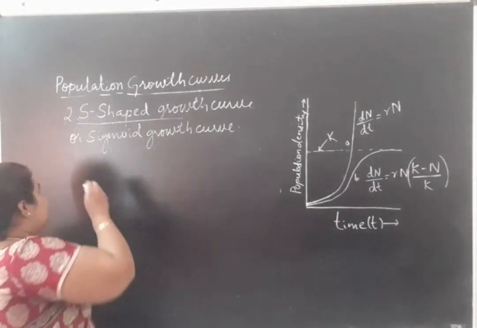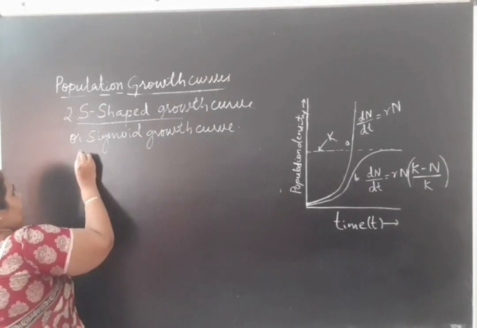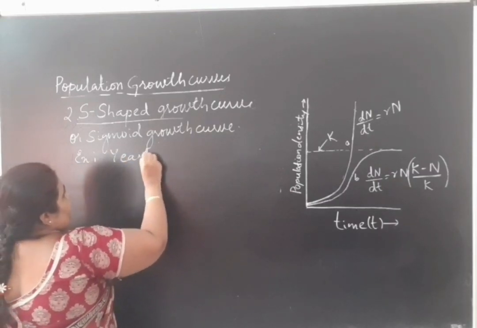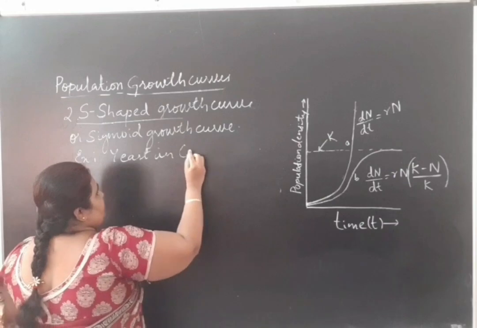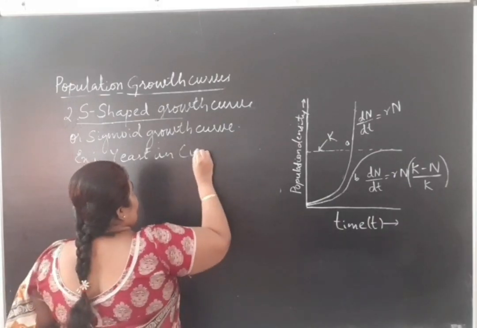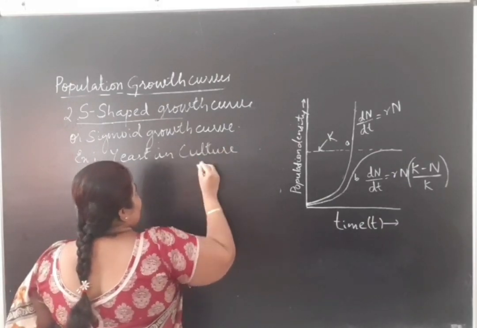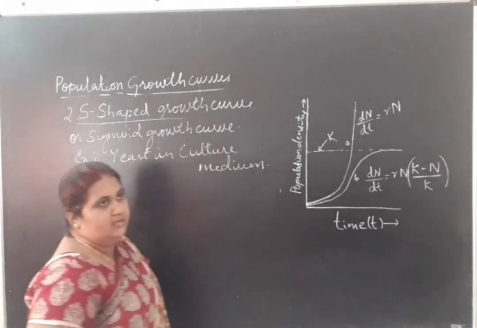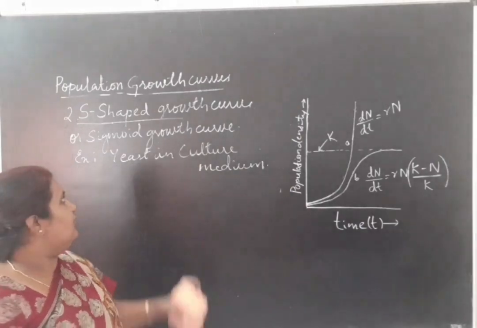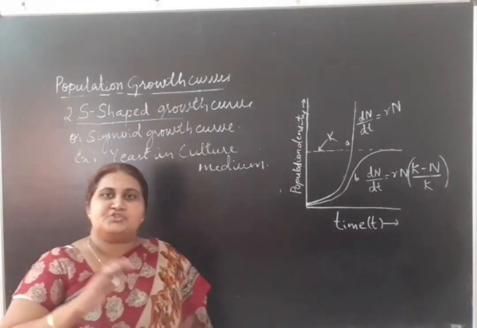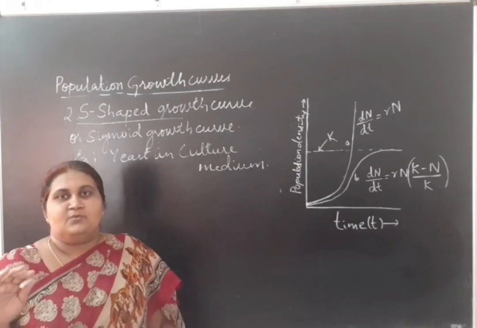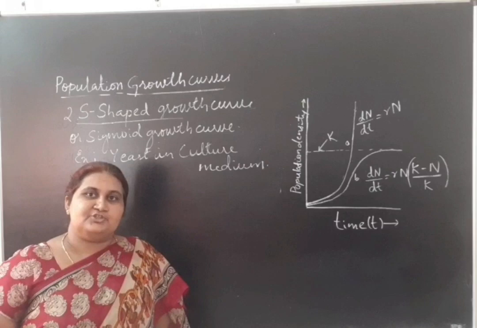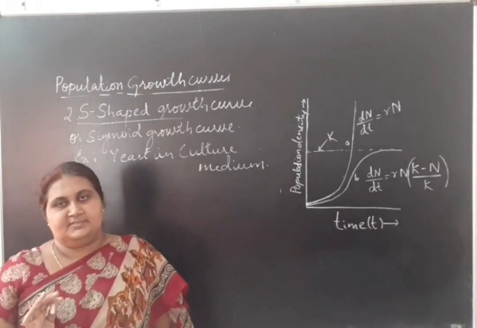For example, we can take yeast in culture medium, and even the human population also shows S-shape. Most populations of living organisms show S-shaped growth.